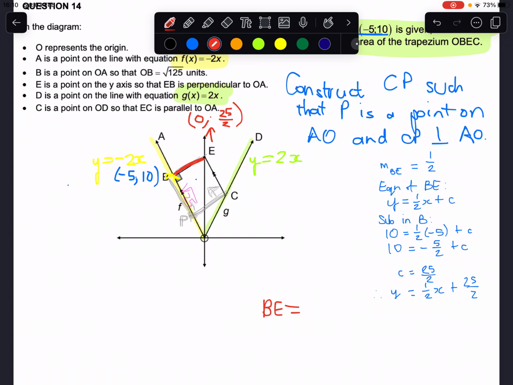BE is equal to the square root of (25/2 - 10) squared plus (0 - 5) squared.